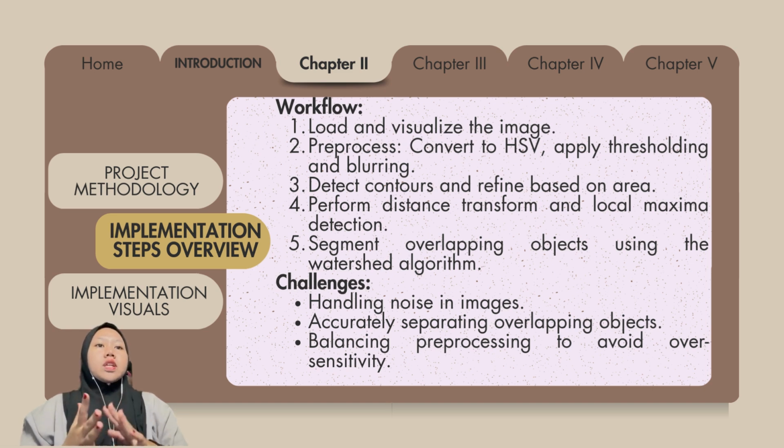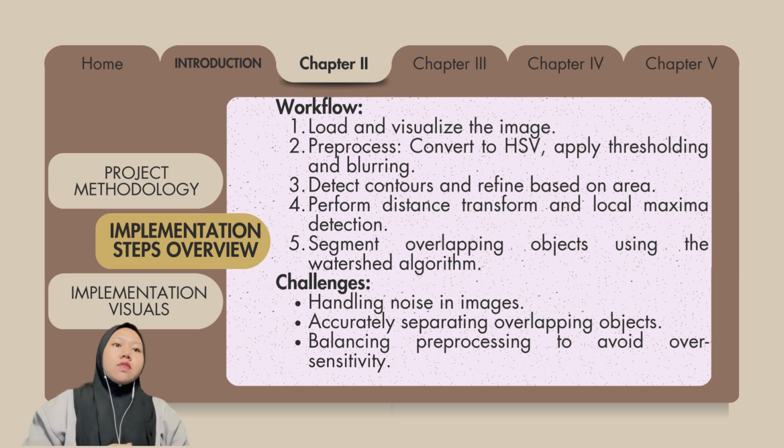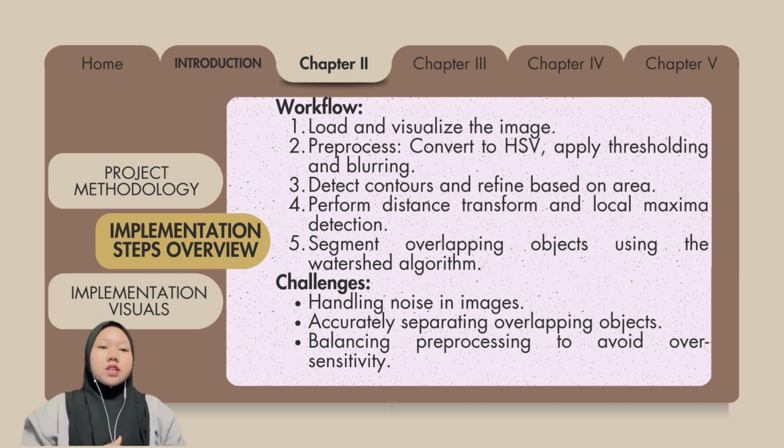Contours were detected and refined to focus only on significant objects. To separate overlapping objects, we use the watershed algorithm, which divides connected objects into distinct regions. Despite some challenges, this workflow enabled us to achieve accurate results.